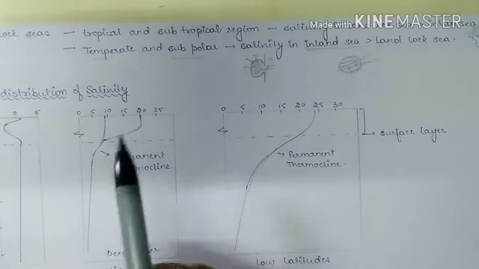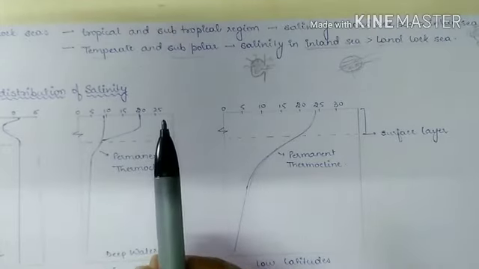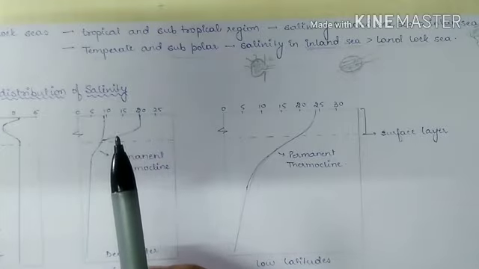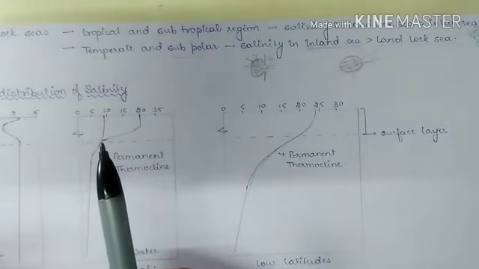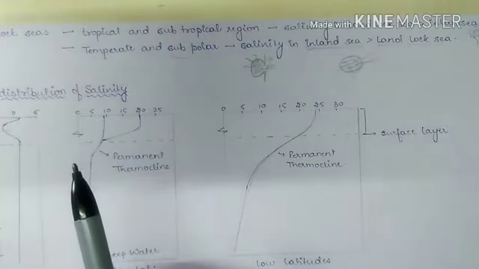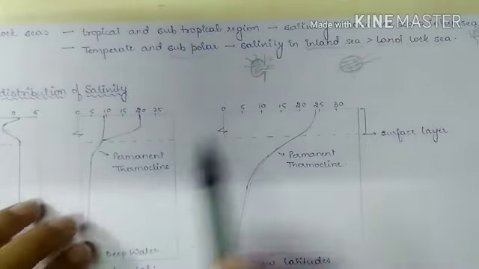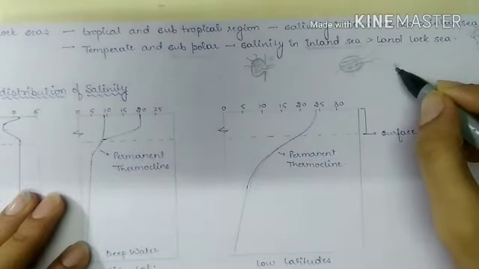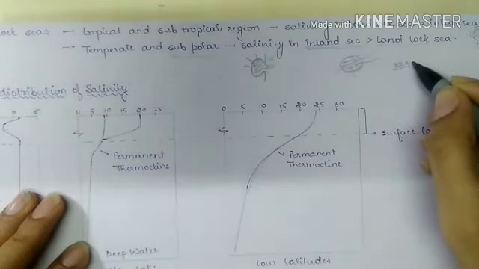And then we can take the example of enclosed sea or inland sea. Here we have Lake Van in Turkey, which is the saltiest inland lake. Here the salinity is highest, about 330 ppm.